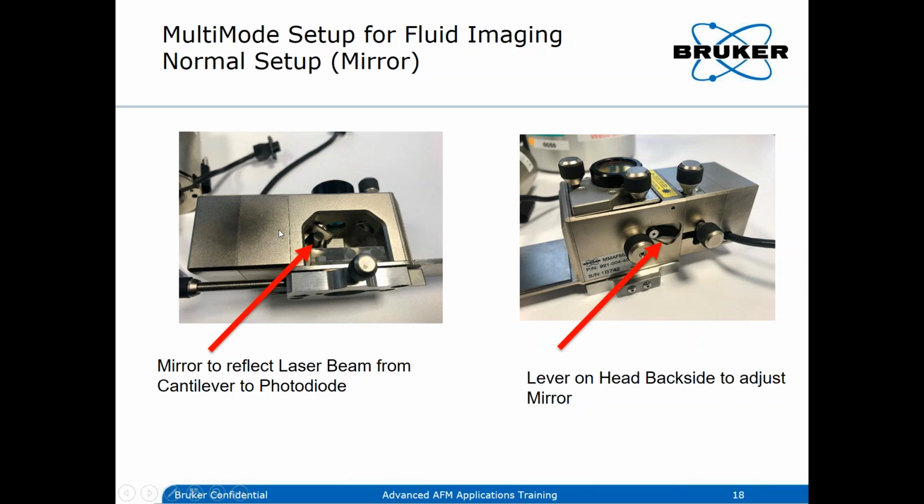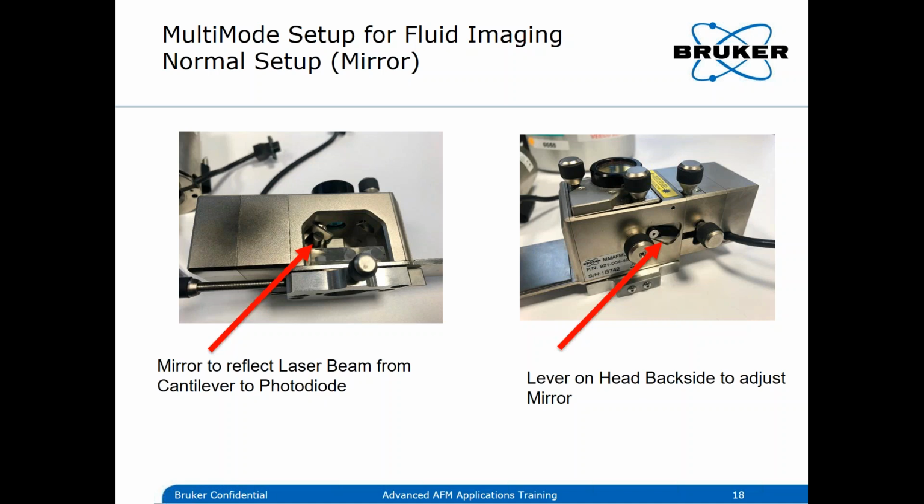Since the laser light comes straight down with the tilted cantilever, we have to readjust the mirror. On all available heads now, there's a small lever at the back side, which you can slightly adjust to optimize your signal.